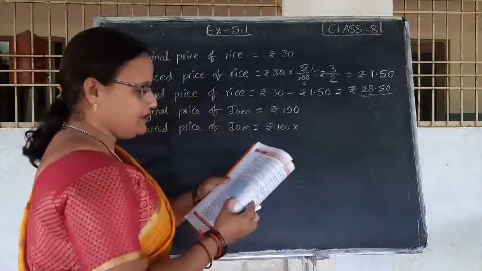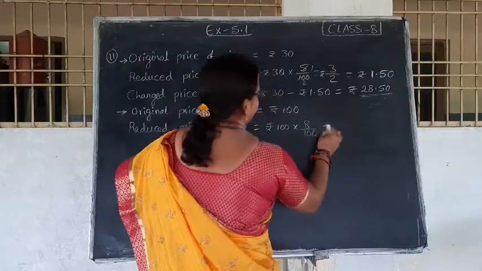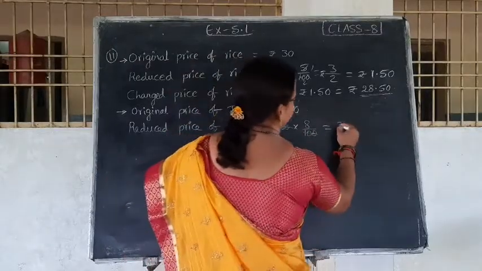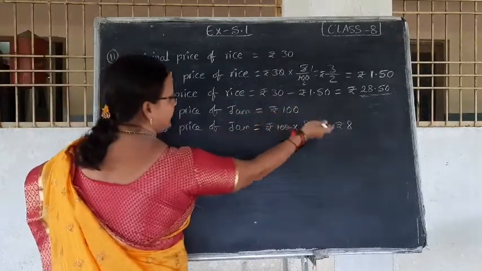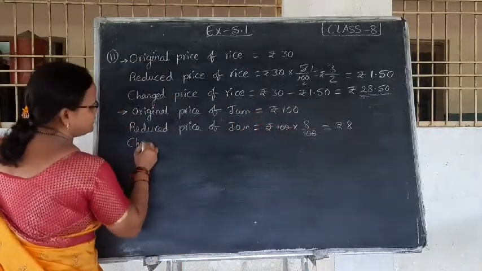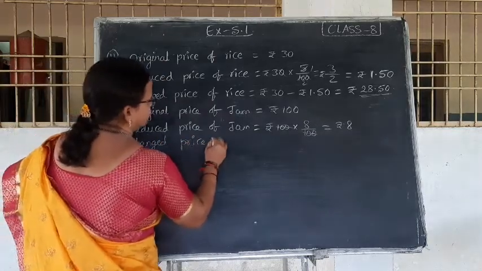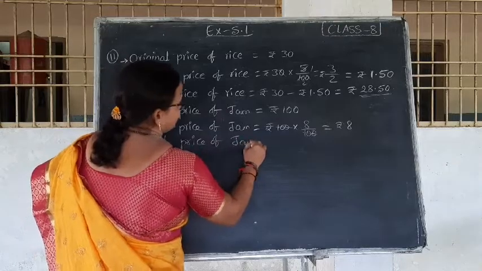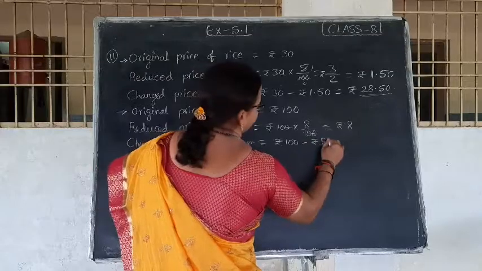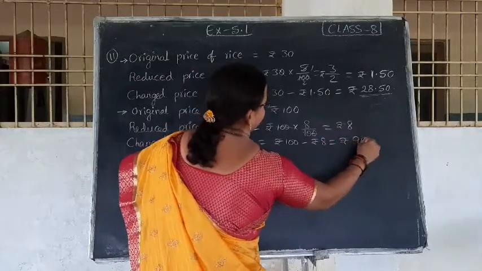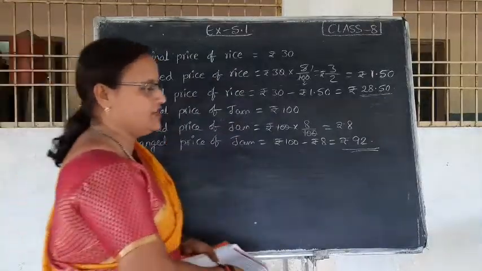How much percentage is it reduced? 8%, so 8 by 100. 100 cancelled, so 8 rupees is reduced. So the original price is 100 rupees and 8 rupees are reduced. The changed price of jam is original 100 minus reduced 8. So 100 minus 8 is 92 rupees. Write this 92 rupees in the changed price of jam.